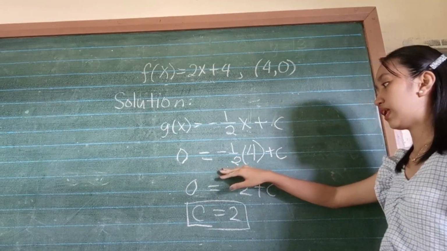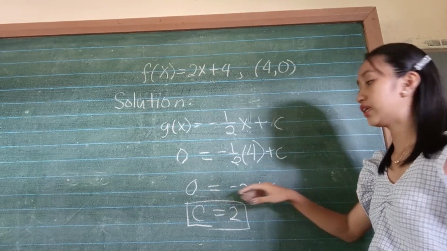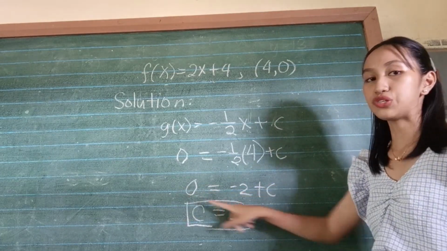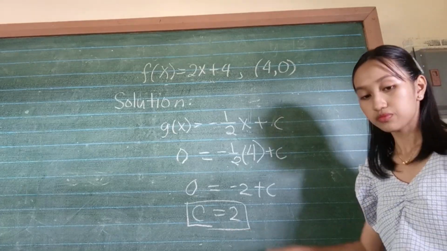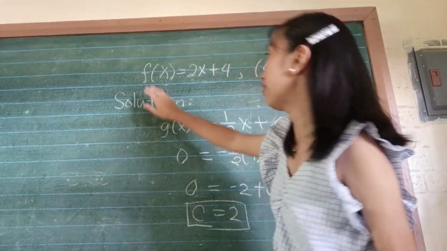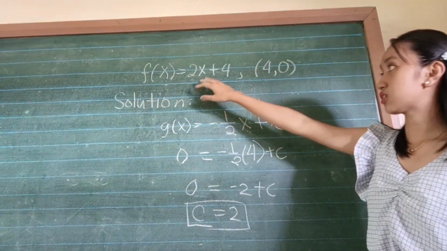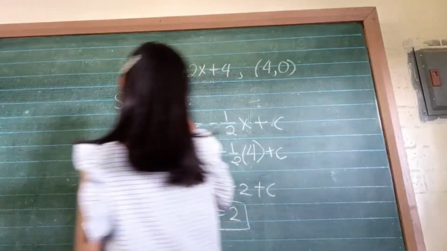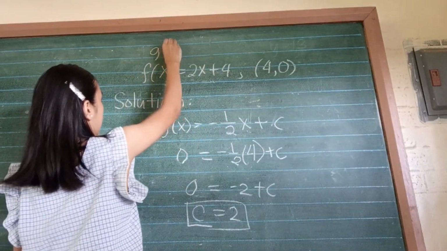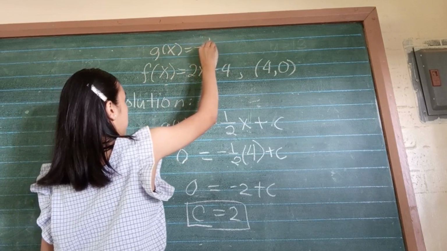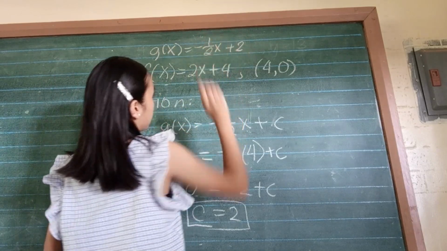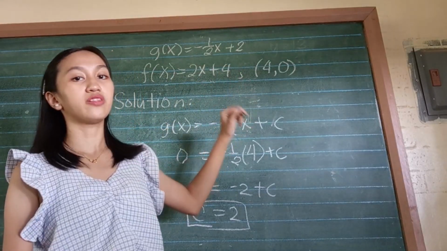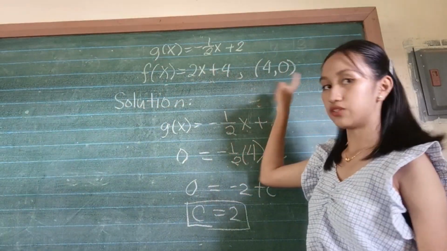And then we multiply, we have negative 2, and then we add 2 to both sides. We have c is equal to 2. So the line f of x is equal to 2x plus 4 is perpendicular to line g of x is equal to negative 1/2 x plus 2 and passes through the point 4 and 0.